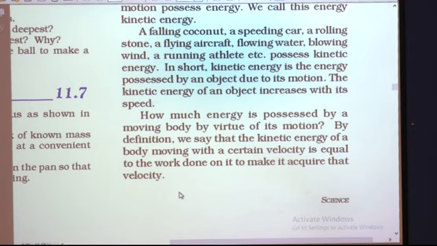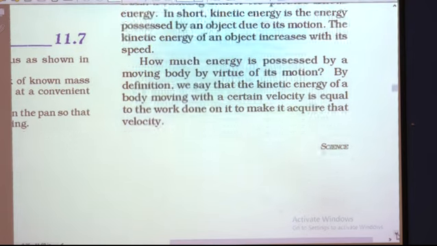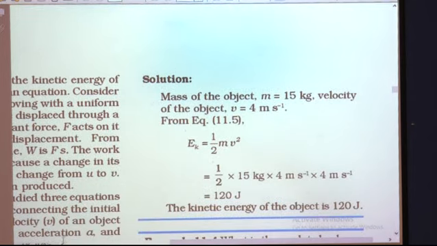So, when a body is moving, how much energy does it possess? To find that out, we have to find the work done, and this work done is equal to kinetic energy. In that way, we can find the kinetic energy which the moving object is possessing.